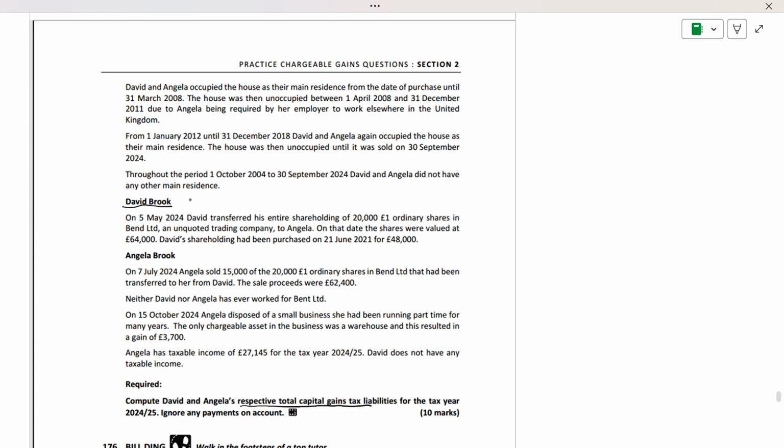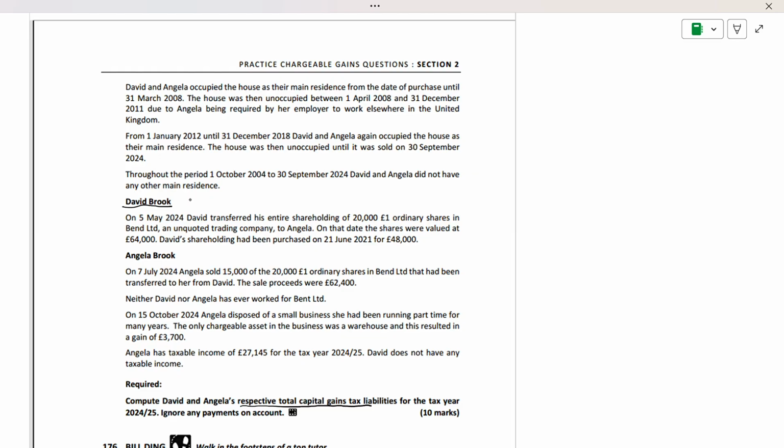On 5th May, David transferred his entire shareholding in an unquoted trading company to Angela. On that day, the shares were valued at 64,000. David's shareholding had been purchased on 21st June for 48,000. Angela sold 15,000 shares that were transferred to her from David.